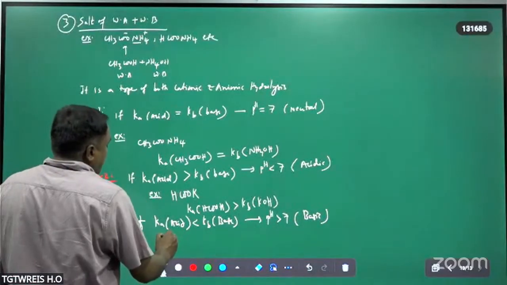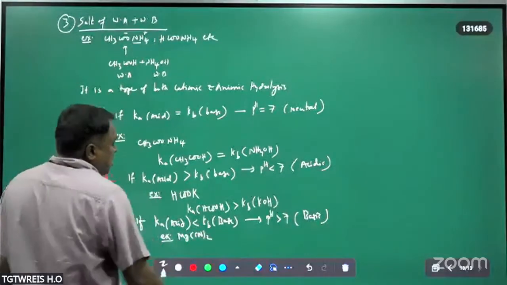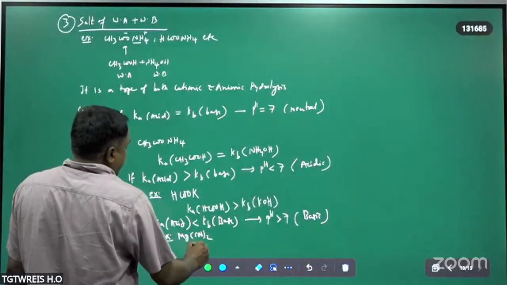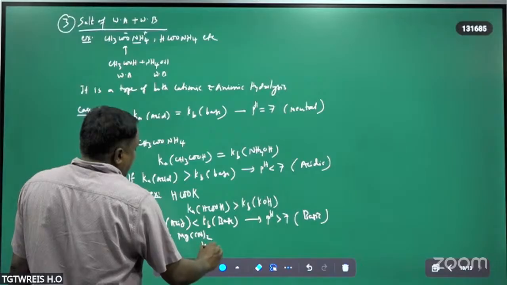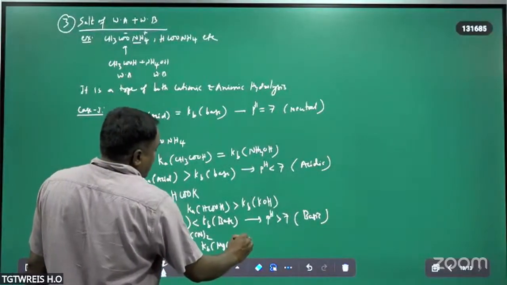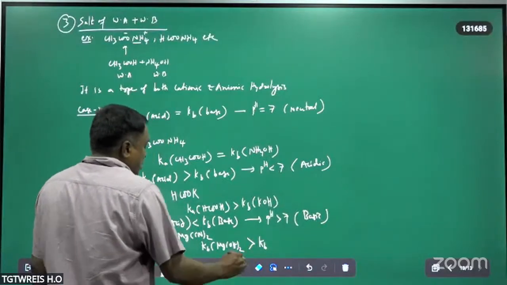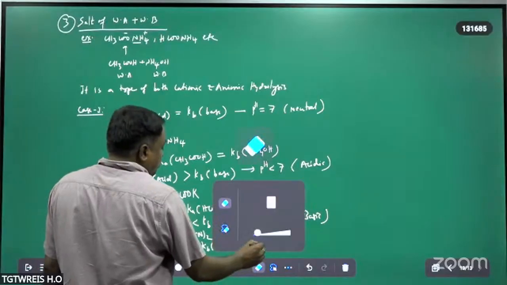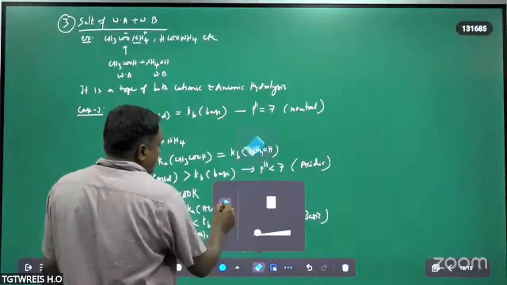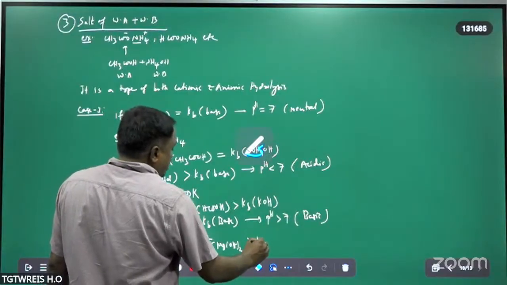For example, the salt Mg(CN)2, where Kb of Mg(OH)2 is greater than Ka of HCN.